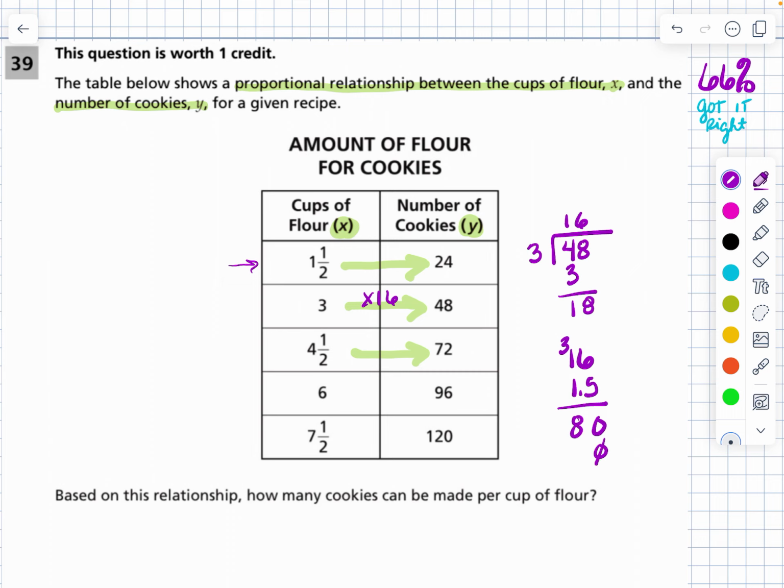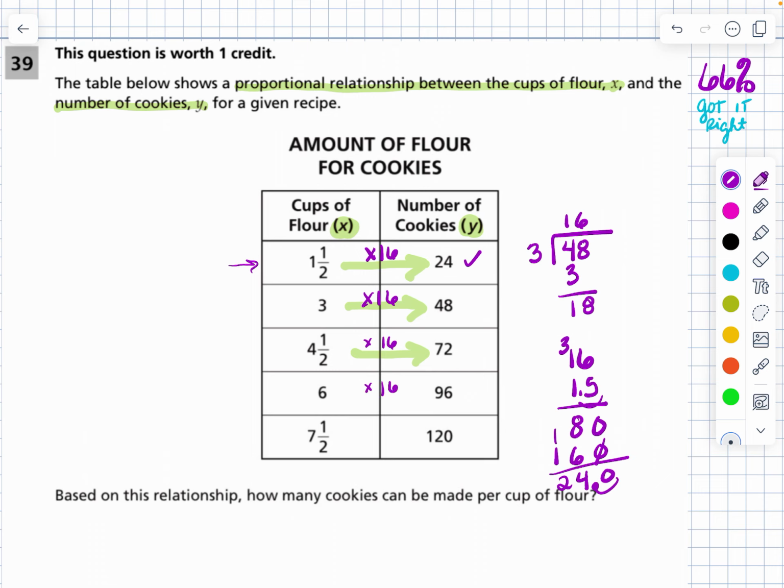Put a placeholder in there, 6 and 1. So I get 0, 14, and 2. One decimal place over is 24. So that works out. So 1.5 times 16 is 24. So I'm going to trust what they're saying, that this is the same all the way down.